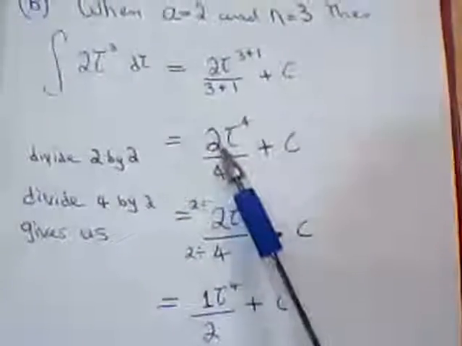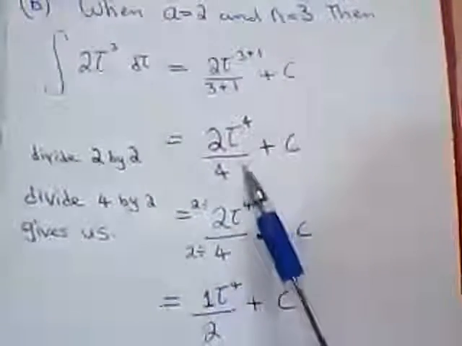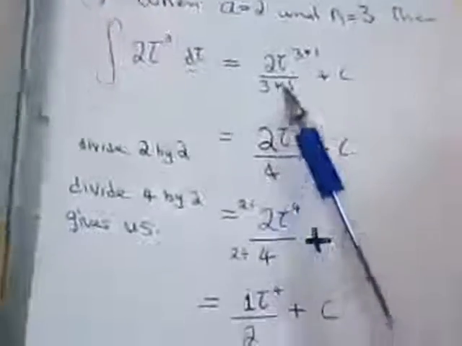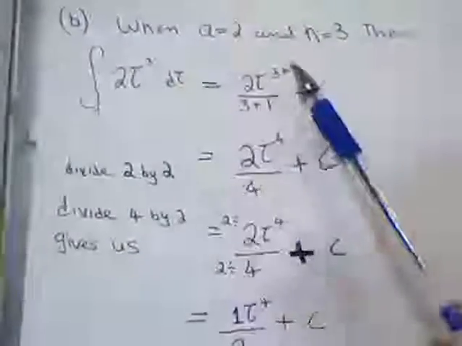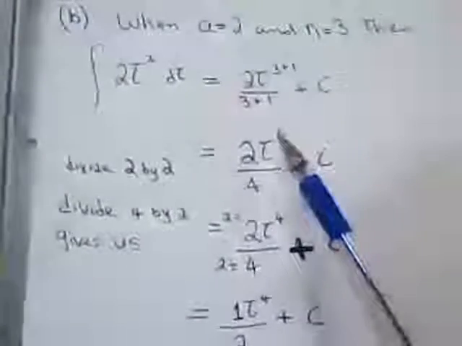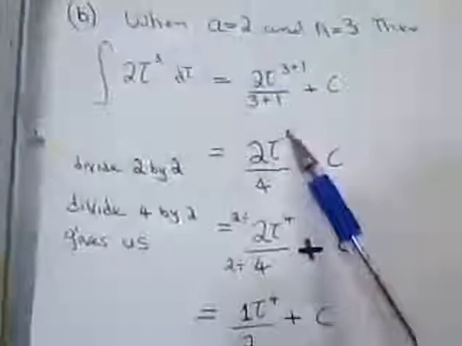This then gives us 2t to the 4 over 4. You can see how we arrive at this: 3 plus 1 is 4 here, and these values here represent this value here.